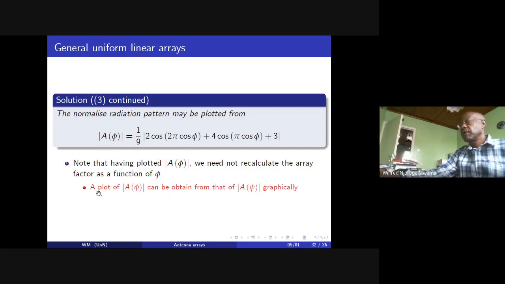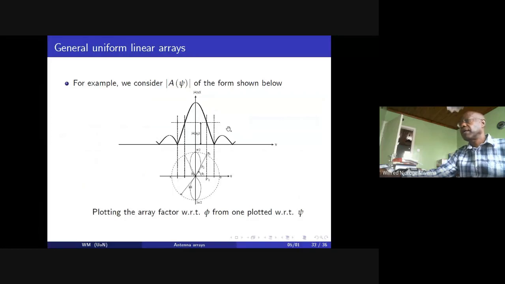And therefore, what we do is plot that from A of ψ graphically. This is the plot that we already plotted for A of ψ before. That is, we can use the function for A of ψ and plot it, and this is what we'll get.